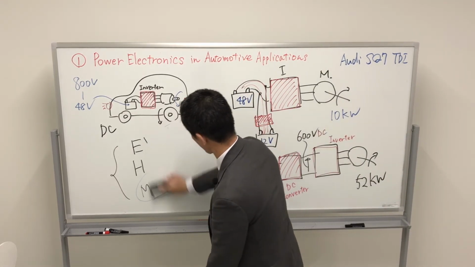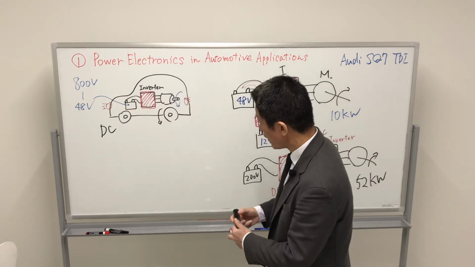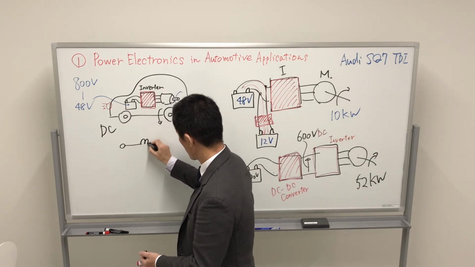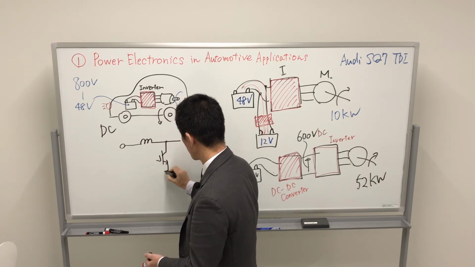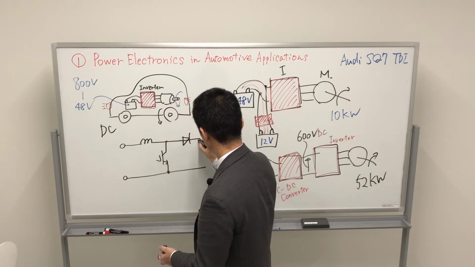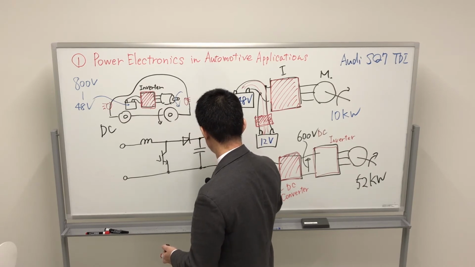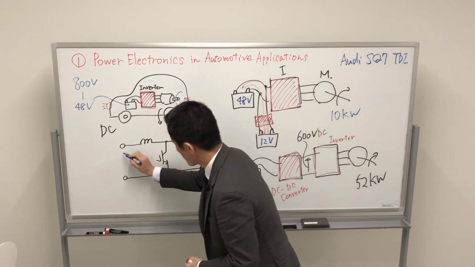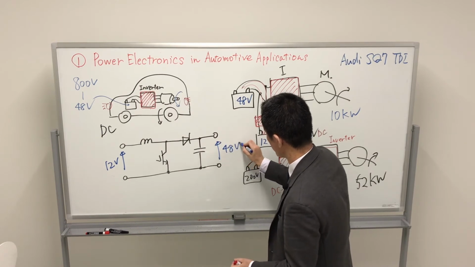This boost chopper we can indicate here: the 12 volt side, the 48 volt side.